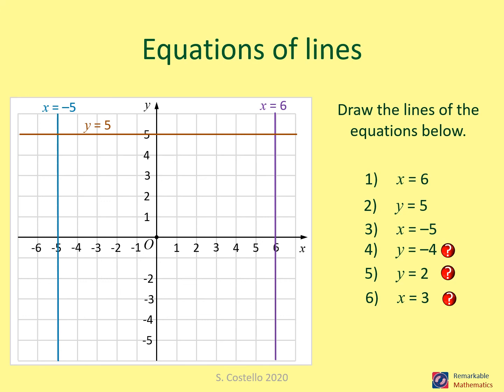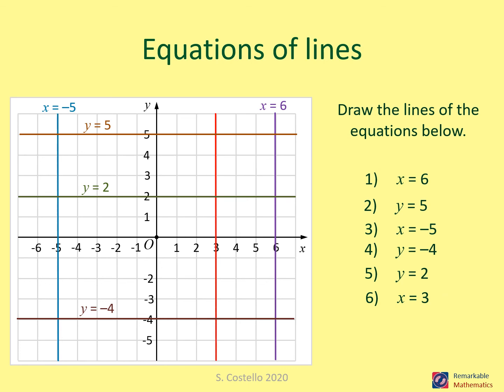Question 4, y equals -4, a horizontal line passing through the point -4 on the y-axis. Question 5, y equals 2, another horizontal line passing through 2 on the y-axis. And finally, question 6, x equals 3, a vertical line passing through 3 on the x-axis.